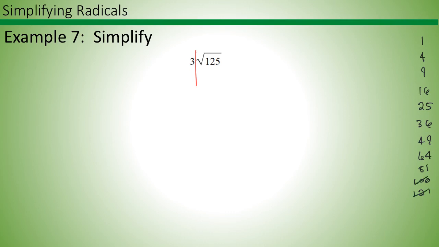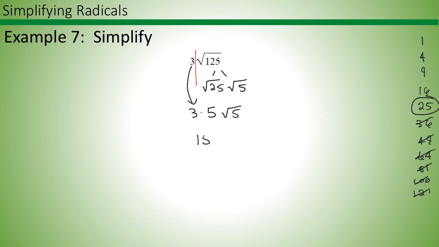So no, no, no, no, no, no, but yes, 25 does divide 125, and it does it 5 times. So root 25 and the square root of 5, and that becomes 5 square root of 5. Then this 3 will just come down, so we have 15 square root of 5.